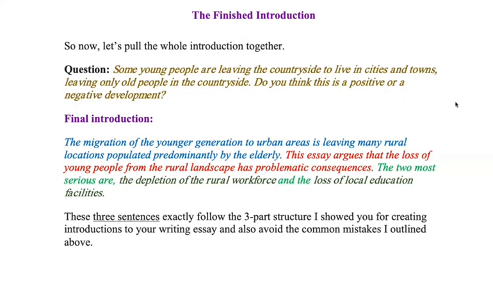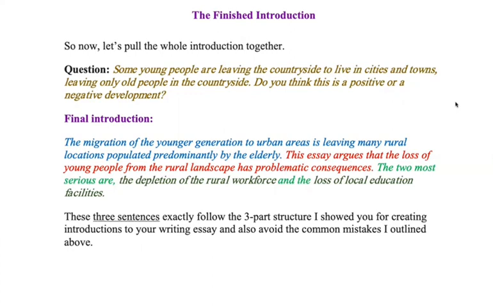Do you think this is a positive or a negative development? This is our question. Let's see how we paraphrased the question, and how we wrote the outline statement as well.